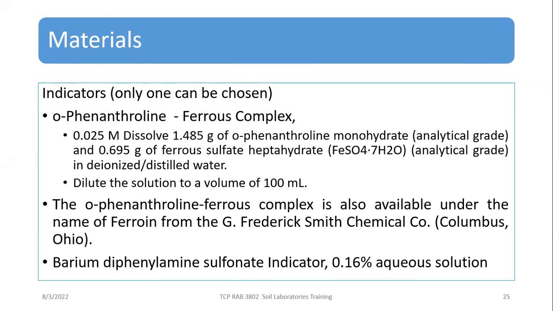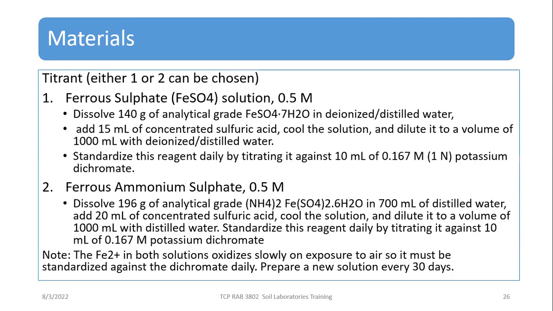The other indicator is barium diphenylamine sulfonate indicator, a 1.6% aqueous solution. For titration, you need a titrant. You just use one of these two, not both of them, only one: ferrous sulfate or ferrous ammonium sulfate.